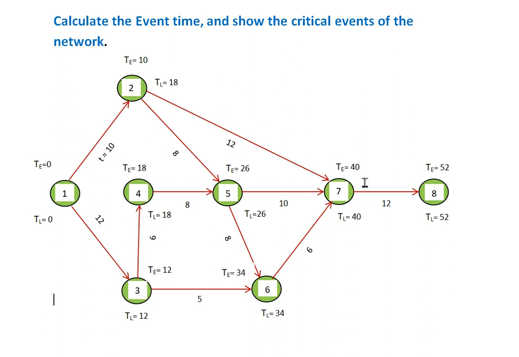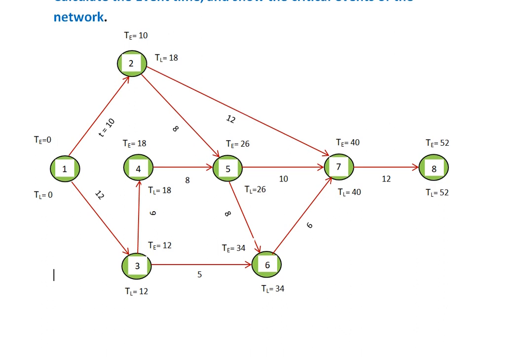Now if we want to determine the critical events, which are the critical ones, that means those having minimum slack. Here minimum slack is 0, that is the difference between TL and TE. For event 3 the difference between TL and TE is 0. For event 6 the difference between TL and TE is also 0.